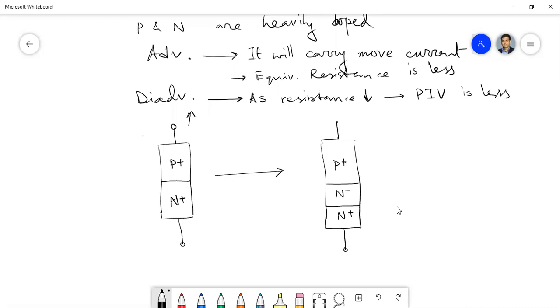So this is a modification we incorporate to get a little better PIV compared to the earlier one. This will give more PIV compared to the heavily doped one.